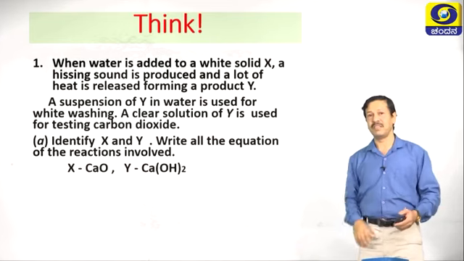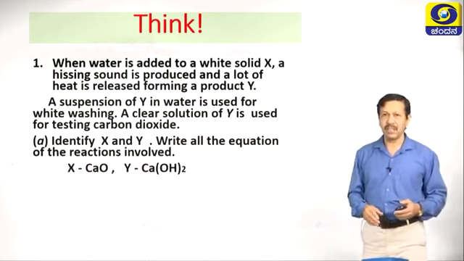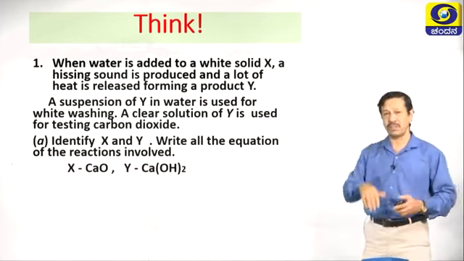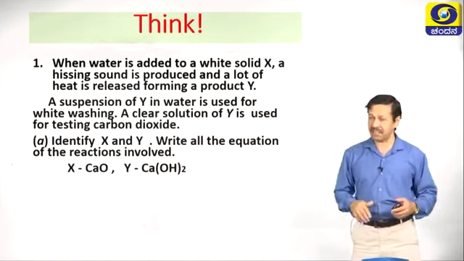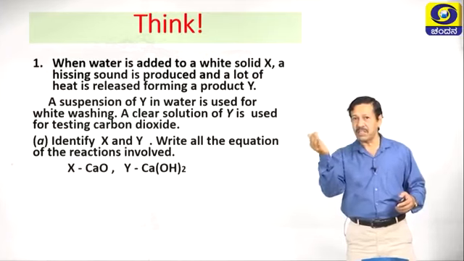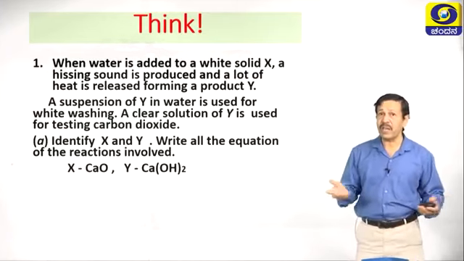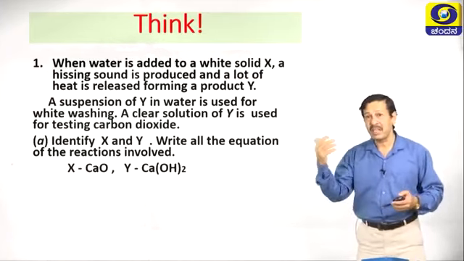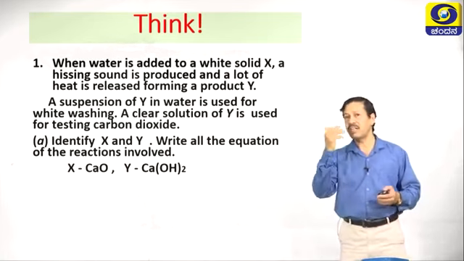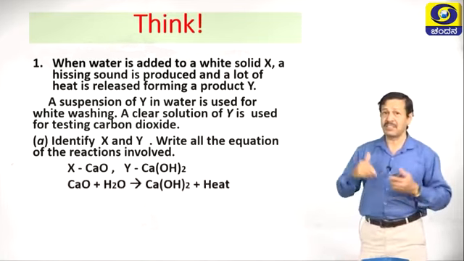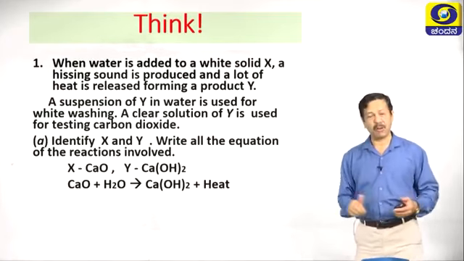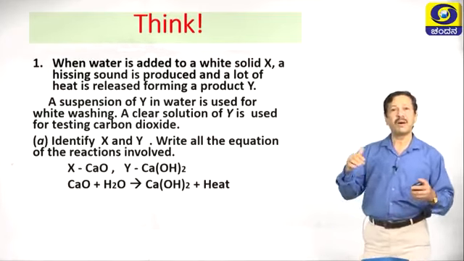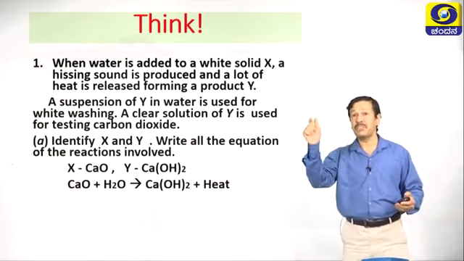Let us analyze. Here X is calcium oxide. When calcium oxide is added to water, a hissing sound is observed and a large amount of heat is generated. It produces calcium hydroxide, hence Y is Ca(OH)2, calcium hydroxide or slaked lime. Then the reaction is calcium oxide CaO plus water H2O gives rise to calcium hydroxide with the liberation of heat.